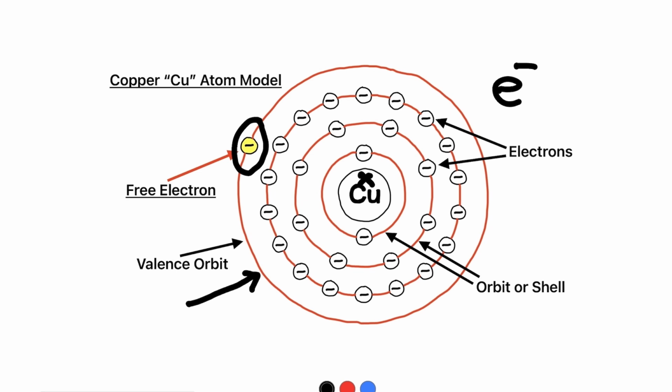So in the outermost orbit of copper atoms, there is only 1 electron. This electron is free to just spin around and do whatever it likes. That's why we call it a free electron. So this free electron is the one that moves whenever a copper wire is connected to a battery.